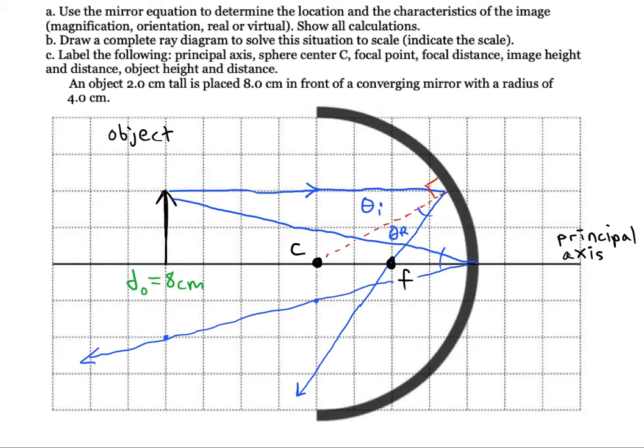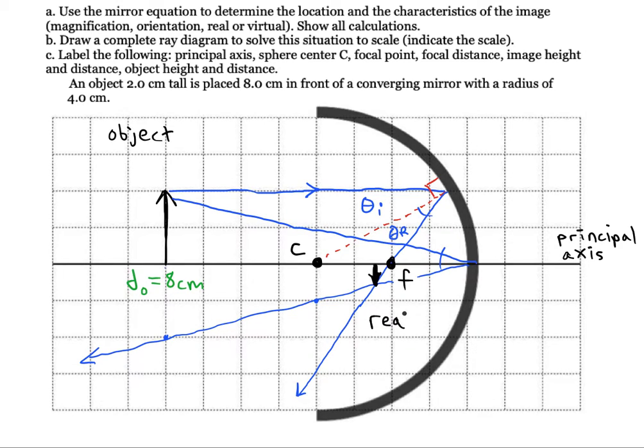We want to look for the intersection of the rays if one exists. In this case, there is an intersection right here, and that's going to be the location of the image. It's an upside down image. I'm going to draw it solid though, because it is a real image.